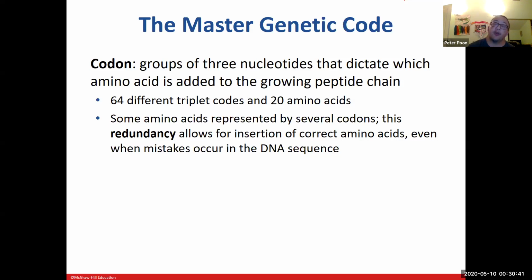And it codes for 20 different amino acids, which means you have more than one way to code for a particular amino acid, so there's a lot of redundancy built into the genetic code. A lot of times when you have mutations, the mutation might be obvious in the nucleotides, but not obvious in the proteins because they can encode for the same proteins.